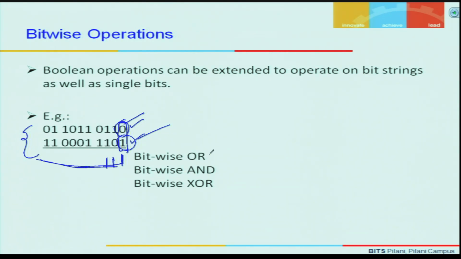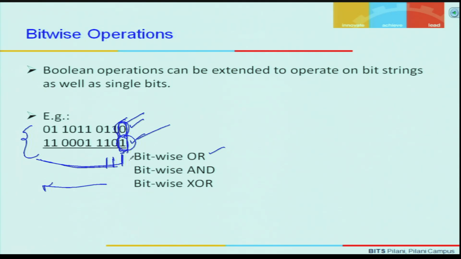So bitwise OR is nothing but applying the OR operation on these two strings, whatever result you get, you put it here and you do this. That is how bitwise OR, bitwise AND and bitwise XOR have been defined. Bitwise XOR is nothing but take 0 and 1, and when P and Q take 0 and 1 values, then for P exclusive or Q, whatever value it takes, you put it here.